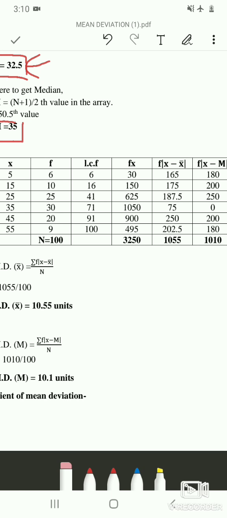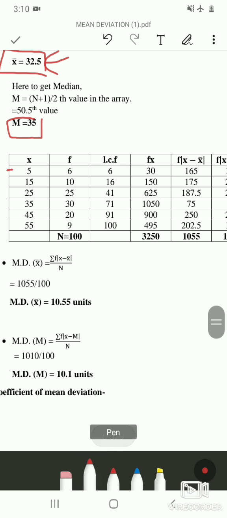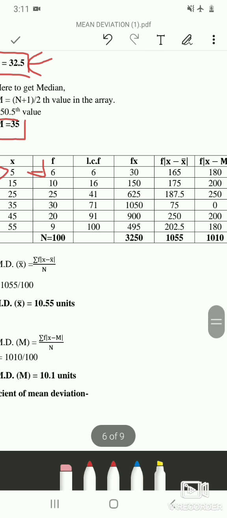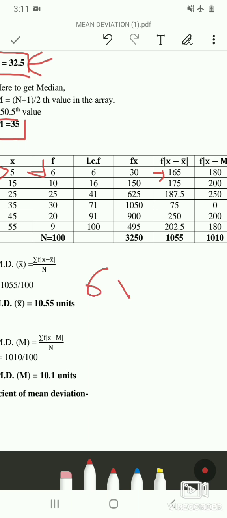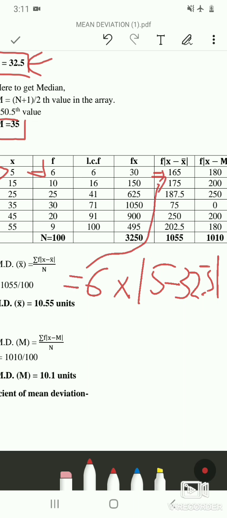The first step is calculate x minus x bar. Here x is 5 and x bar is 32.5. So 5 minus 32.5, ignore the negative sign and multiply with f, that is 6. So you'll get the value as 165. That is nothing but 6 into absolute value of 5 minus 32.5.